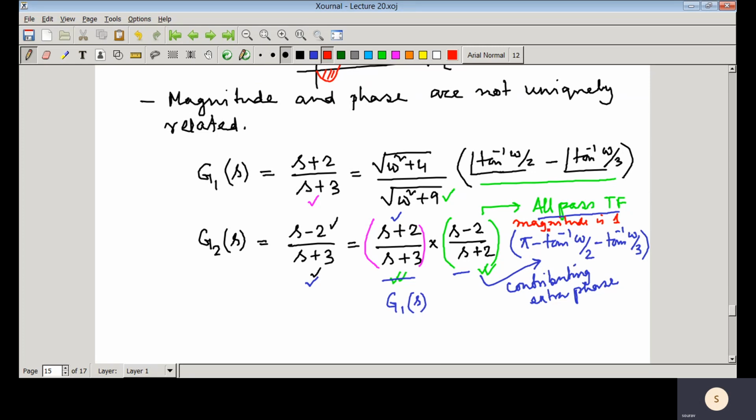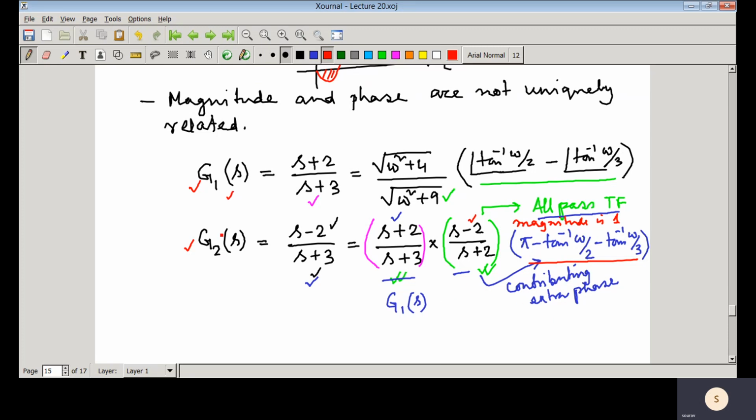It is not changing any magnitude, but it is contributing this particular phase. This extra phase is coming because of the right half zero. If you compare G1 of S and G2 of S, they have the same magnitude, because this all-pass factor is not changing the magnitude, but you can see its phase is more.